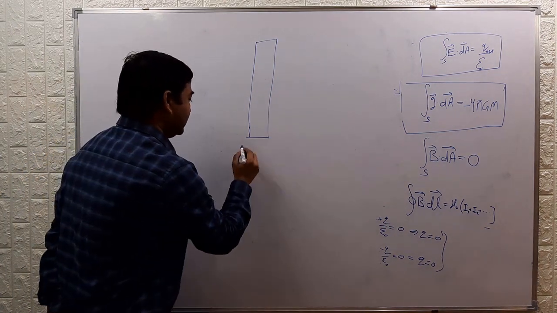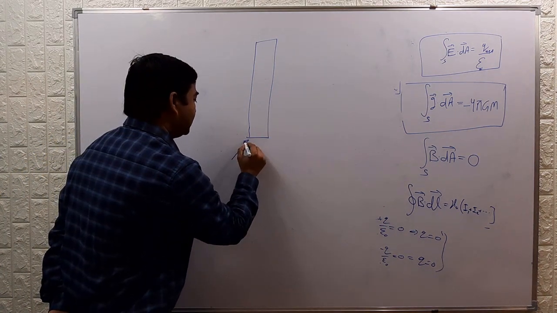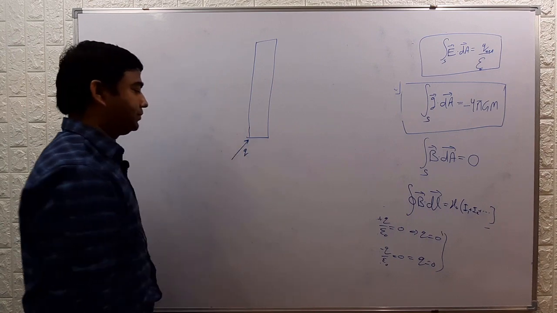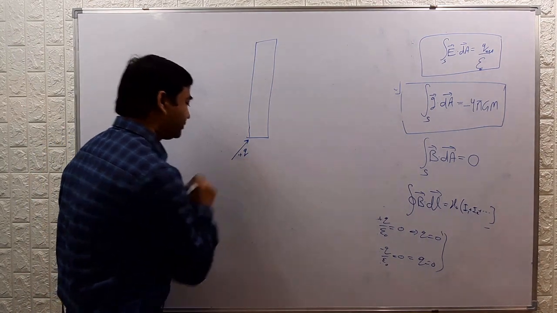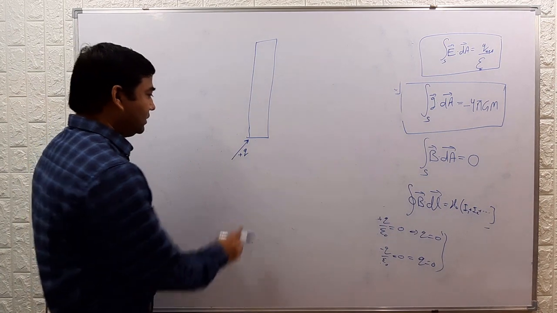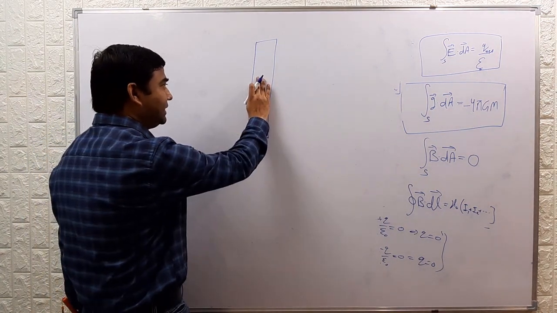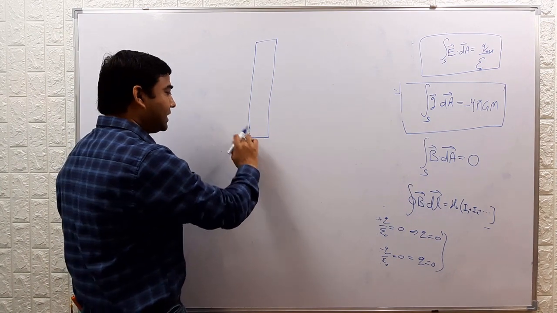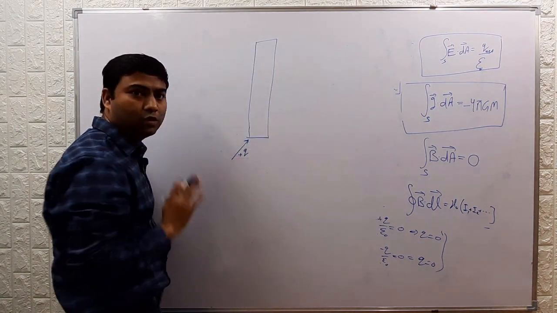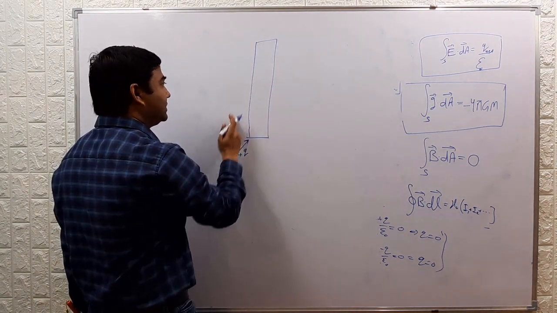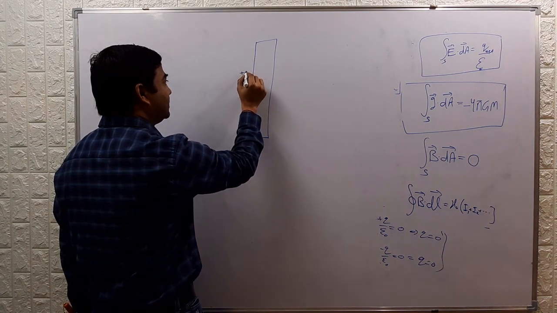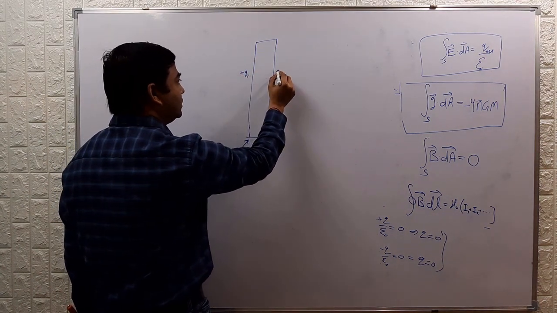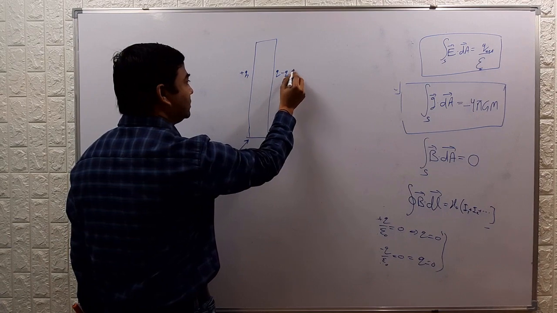And we have injected a charge plus Q. We know inside the conductor the electric field will be 0, hence the charge will distribute at the outer surface only. So let this face have plus Q1 charge, and this face will have Q minus Q1 charge.